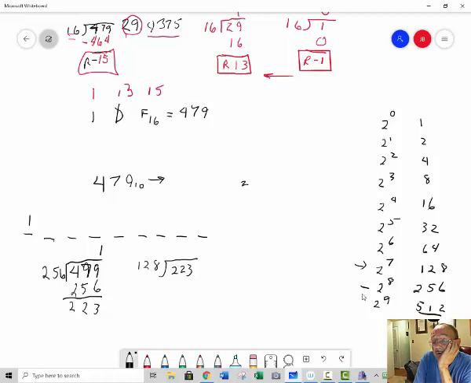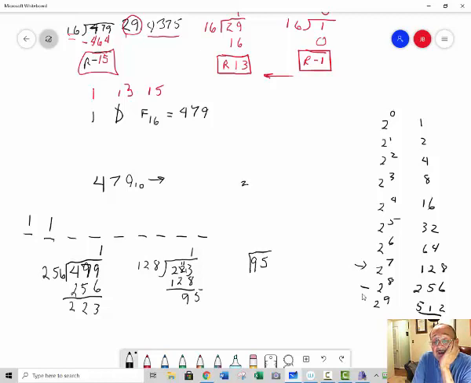We're going to divide that by 128. And it goes one time. And if I subtract, I get 95.